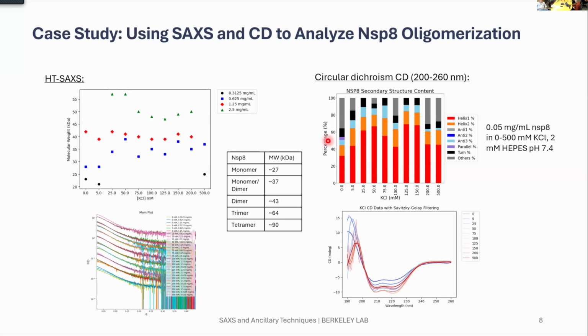And here to the right are the secondary structure distributions from CD analysis. You can also notice that within the region between 0 and 50 millimolar potassium chloride, we observe an increase in alpha helices, which allows us to think that oligomerization is parallel with increasing alpha helices when we have formation of dimers.